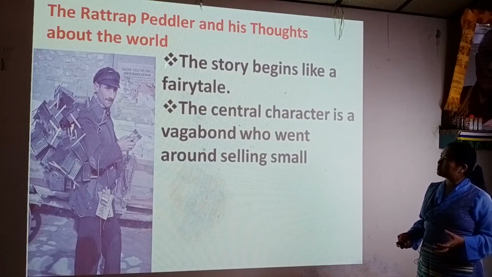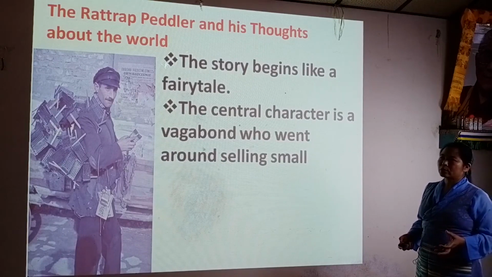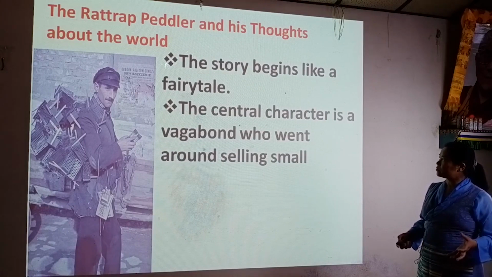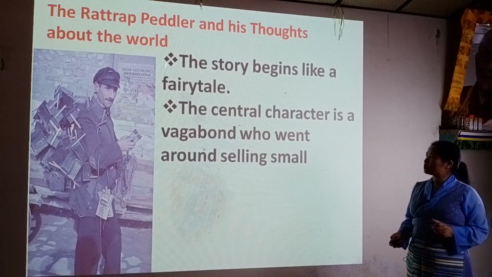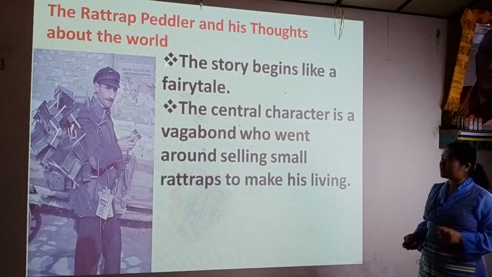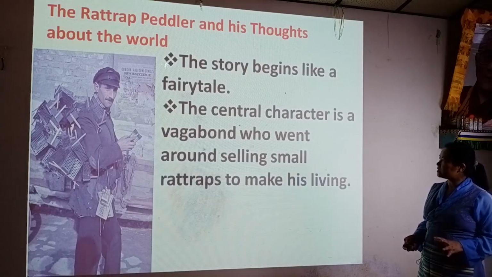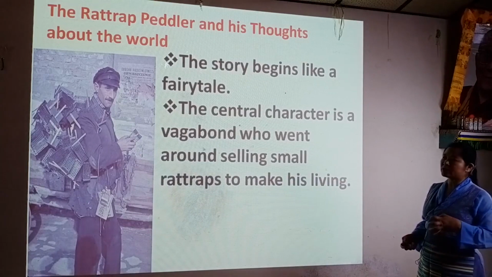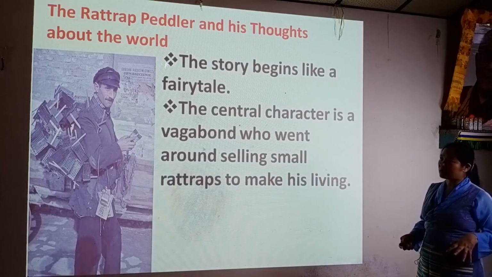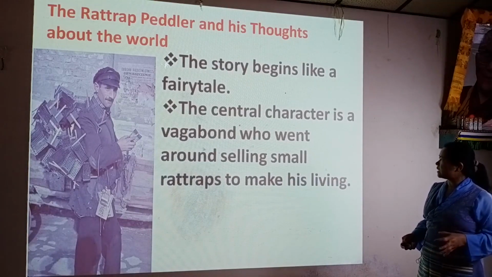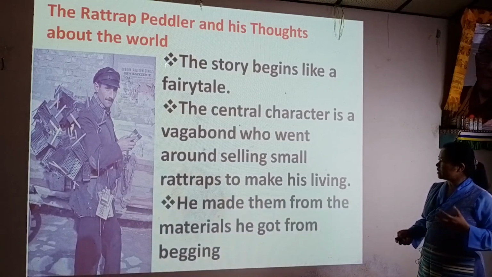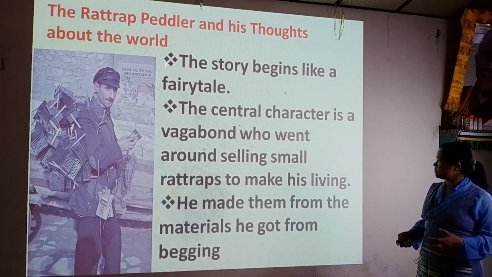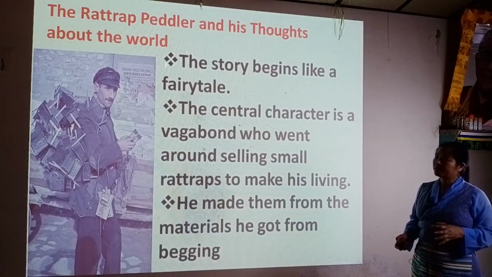Vagabond means a person who travels from one place to another, who went around selling small rat traps to make his living. So that is what he does. He goes around from town to town, from door to door, selling his small rat traps that he made himself from the materials he got from begging.